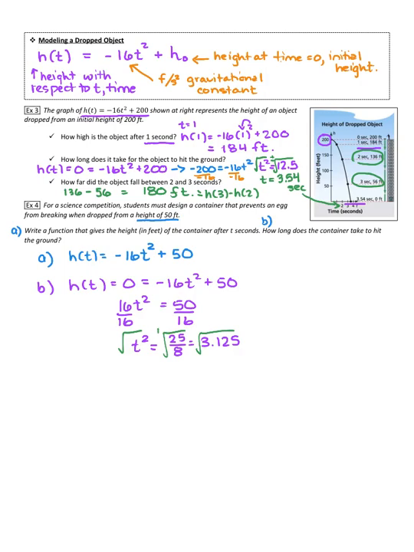Remember, there would normally be a plus or a minus over here, but we only want the positive time. So when you take that square root, I'd get 1.768.